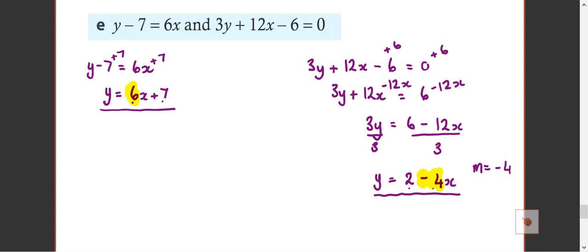Now, this is where I would maybe do this in my head, or I would do a little sketch roughly, just thinking, what are they roughly going to look like? Well, this one is going to start at 7 and go up quite steeply.